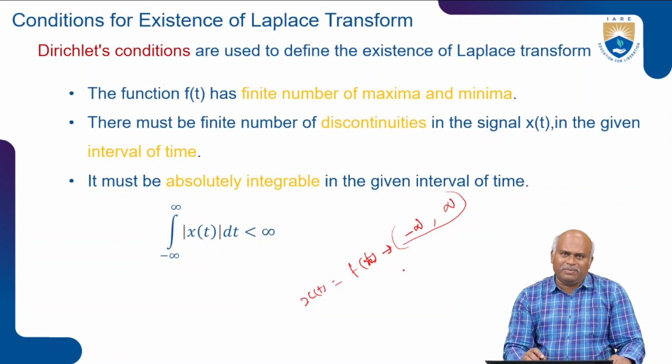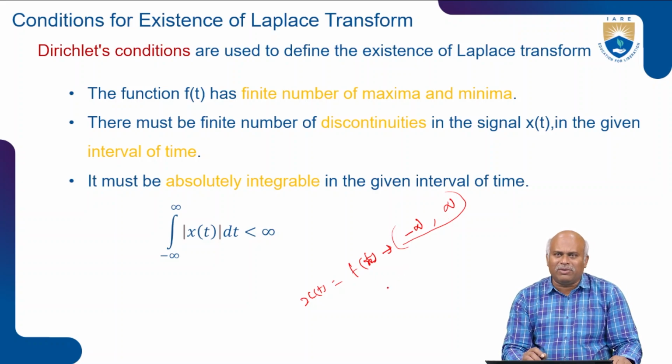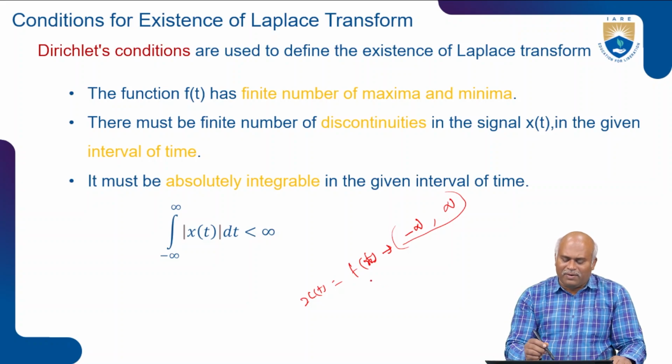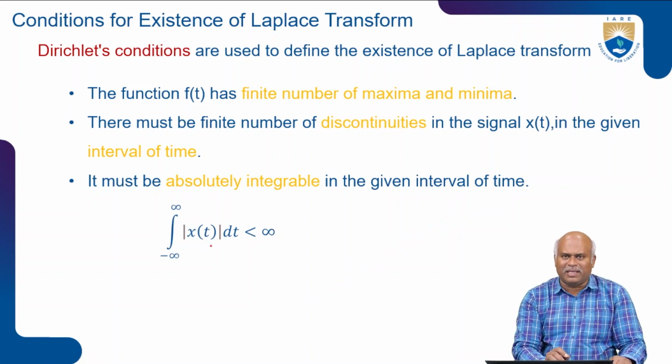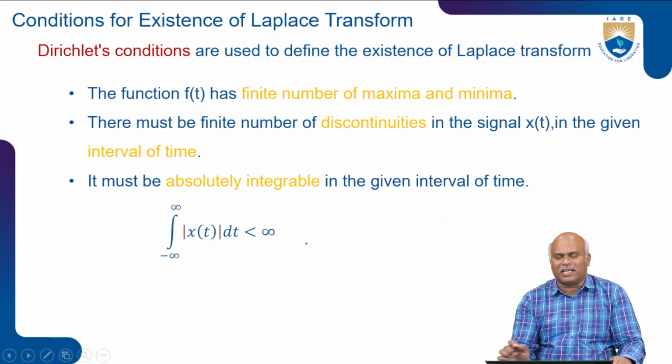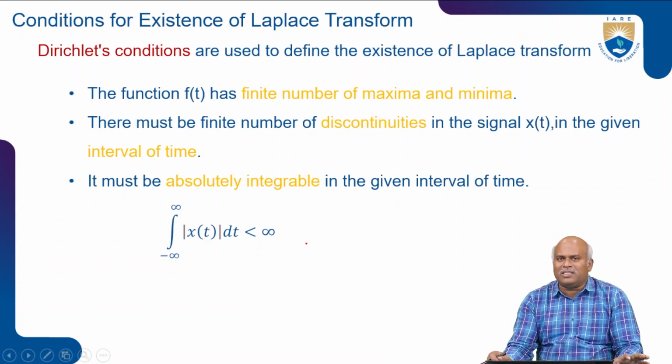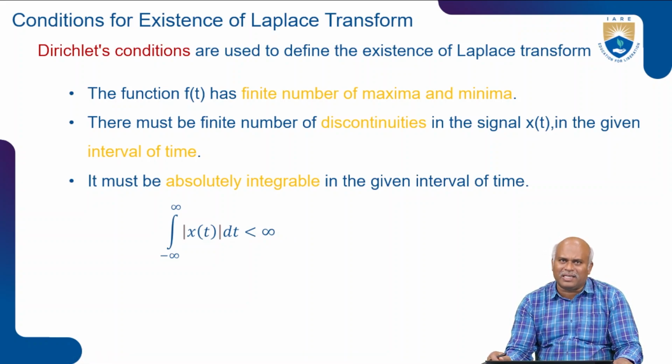The next condition: it must be absolutely integrable in the given interval of time. The integration from minus infinity to plus infinity of mod of x(t) dt is less than infinity. These three points are the conditions for existence of the Laplace transform.